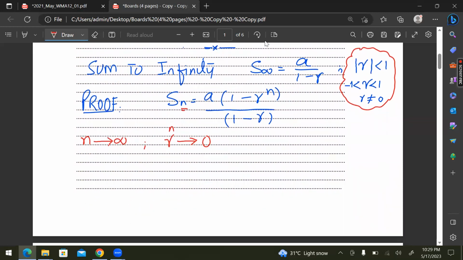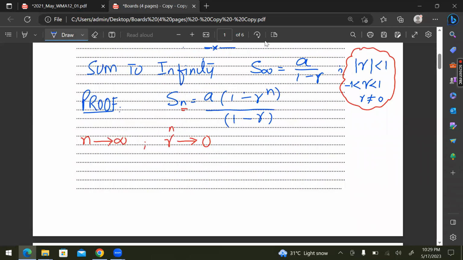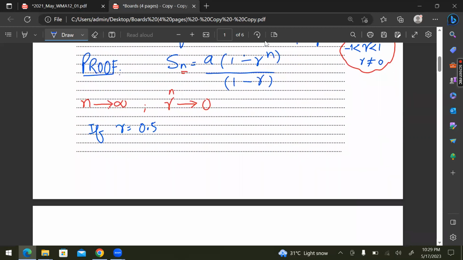So just to explain why r power n approaches 0, I can give an example. If r is 0.5, what will happen to 0.5 raised to the power infinity? You can use a calculator.